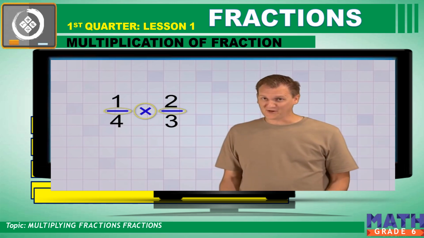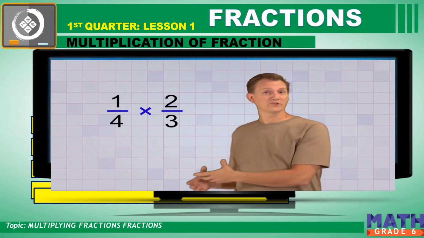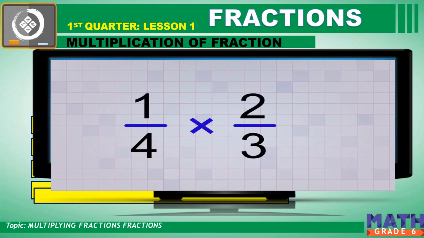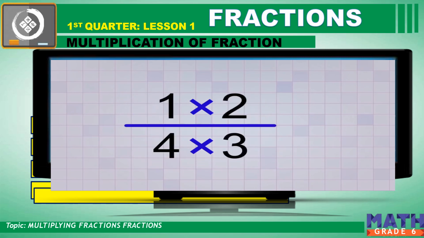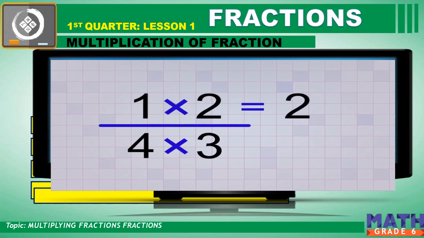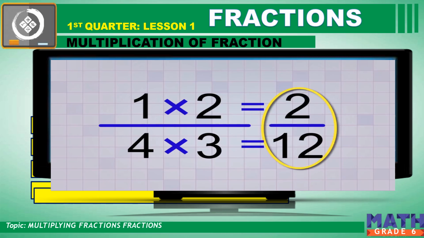And because they get along so well, I can just rearrange our problem to look like this. Now it looks like two multiplication problems that are being divided, and it looks just like a fraction. In fact, if we go ahead and do the multiplications, 1 times 2 equals 2, and 4 times 3 equals 12, then we do have a fraction, and it's the answer to our problem.